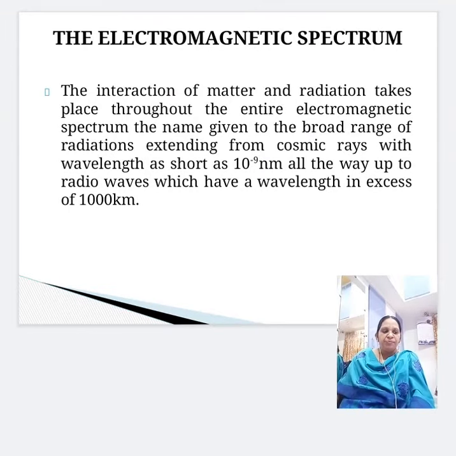Electromagnetic spectrum. The interaction of matter and radiation takes place throughout the entire electromagnetic spectrum. It is the name given to a broad range of radiation extending from cosmic rays, with wavelength as short as 10 power minus 9 nanometers, all the way up to radio waves, which have wavelengths in excess of 1000 kilometers.